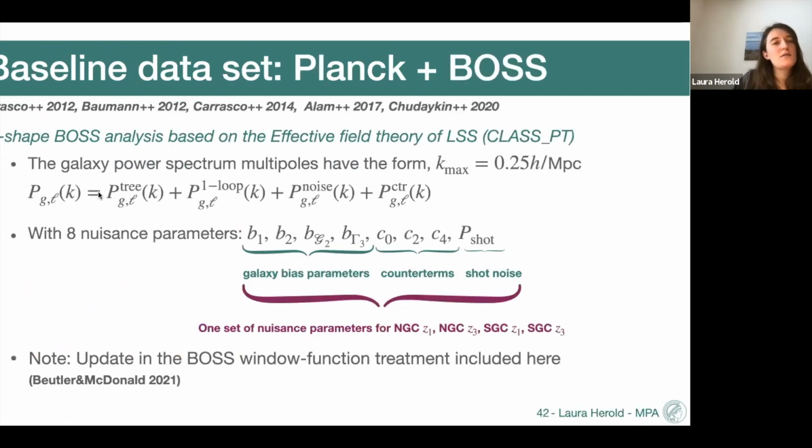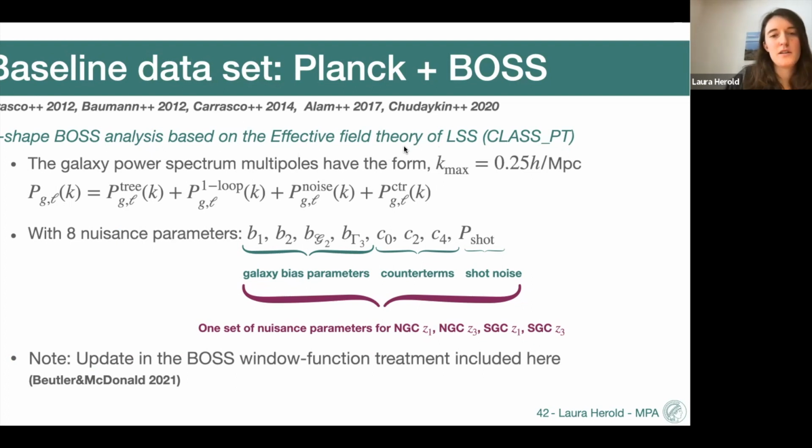As I already mentioned, we use the full shape analysis of the power spectrum based on the effective field theory of large-scale structure. Even if you're not convinced about the EFT of LSS, our results do not depend on whether we use EFT of LSS or only Planck or Planck plus BAO, so we checked that. But in our baseline result, we use the EFT of LSS.